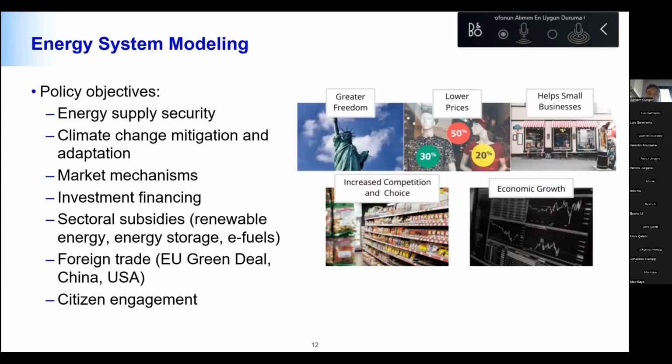And this climate target is based on multiple factors: the greater freedom of consumers, producers, and prosumers, which are rapidly expanding both in European Union countries and in other countries, which will affect the prices, hopefully lowering the prices, and help small businesses with expanding business activities, not only with climate policies, but also innovation and digitalization policies.